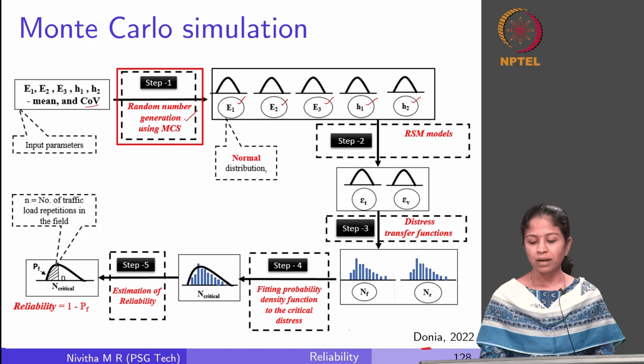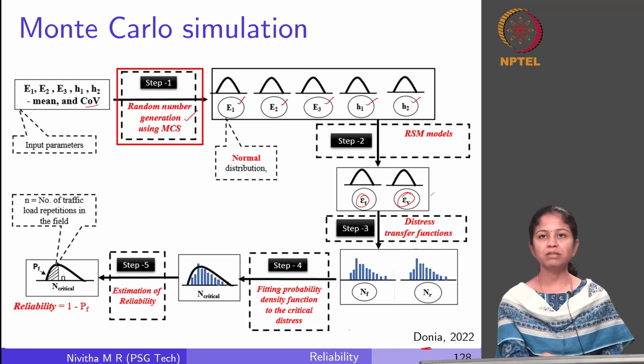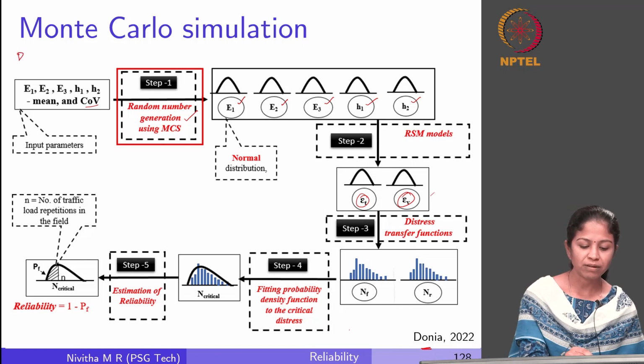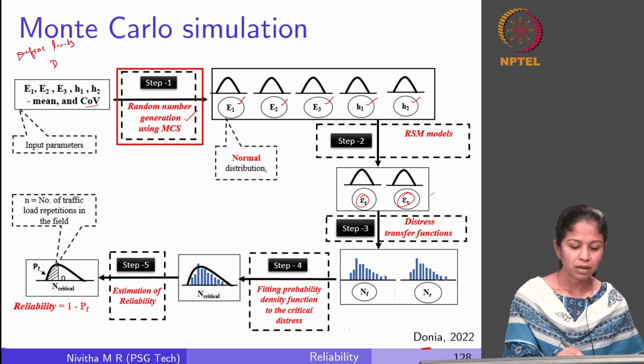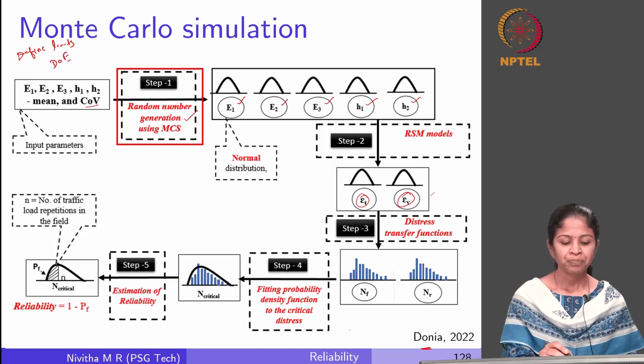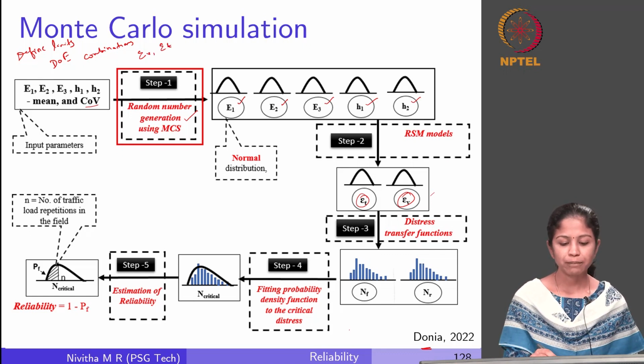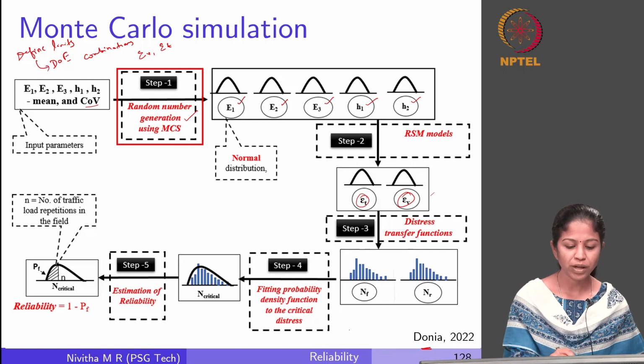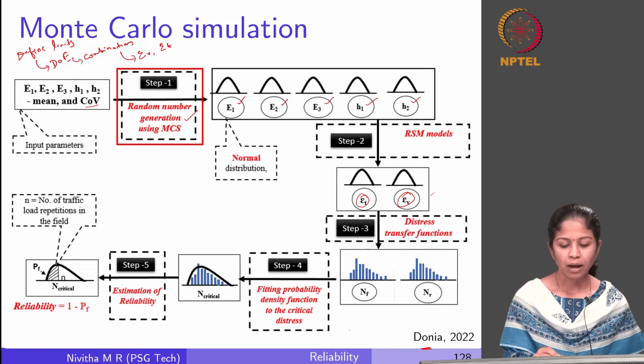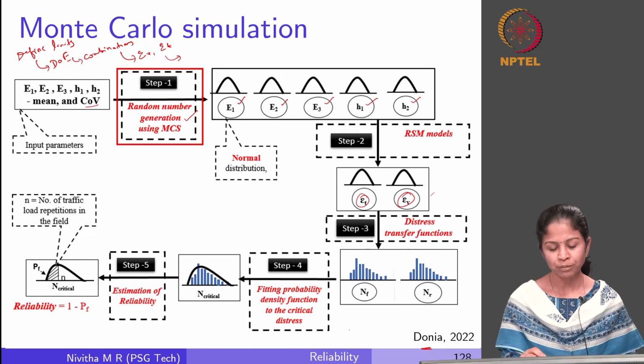Then we will be using the RSM model. We will be predicting the epsilon t and epsilon v value. But before doing this, we would have done some steps earlier, wherein we define limits for the parameters, use a design of experiments approach, arrive at combinations, use IITPAVE, and obtain the epsilon v and epsilon t values.